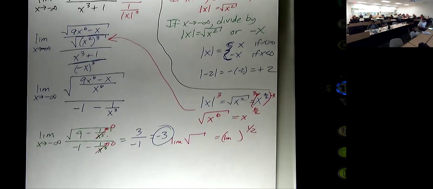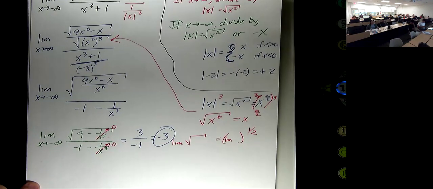Does anyone need, I see a couple pens in the middle, be patient. Everyone good? Alright.